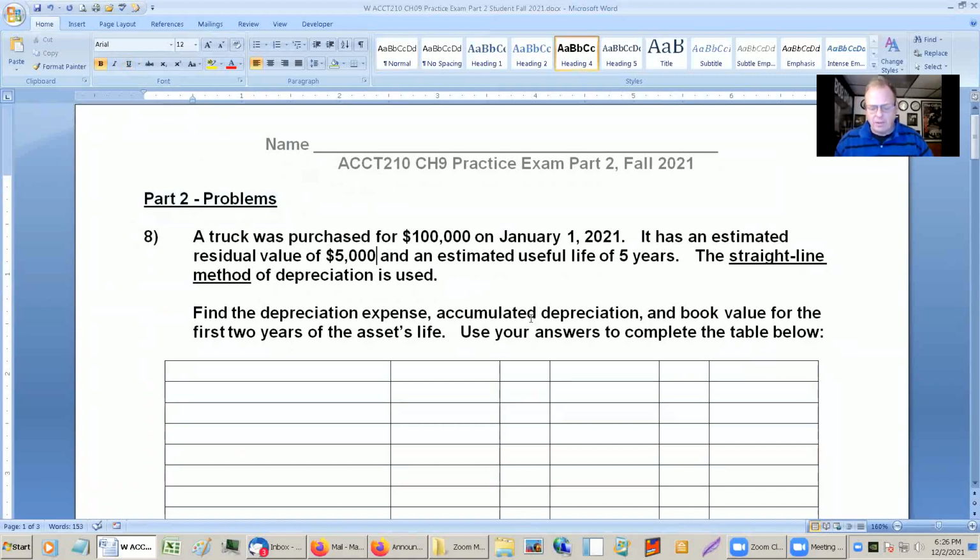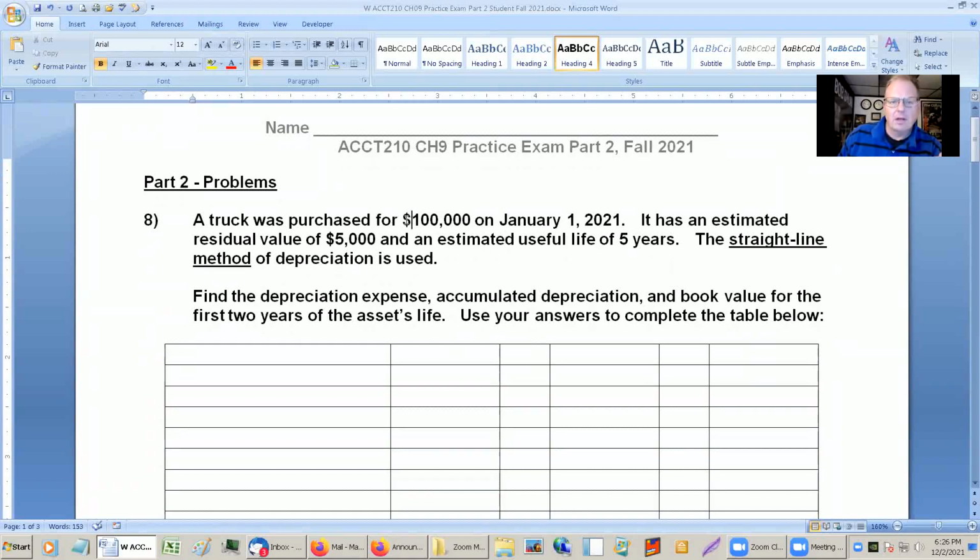So part 2 problems, they're going to have the same problem, but you use 2 different methods, straight line, and then also the units of production or units of activity method.